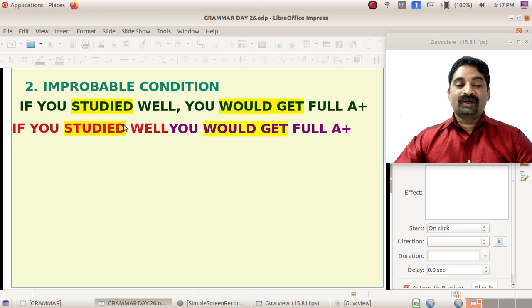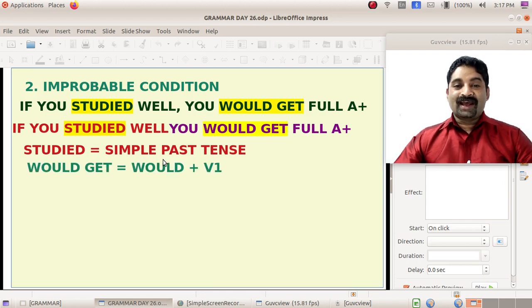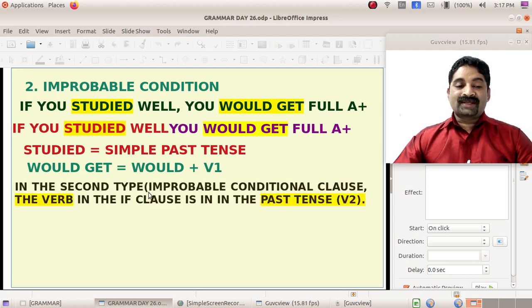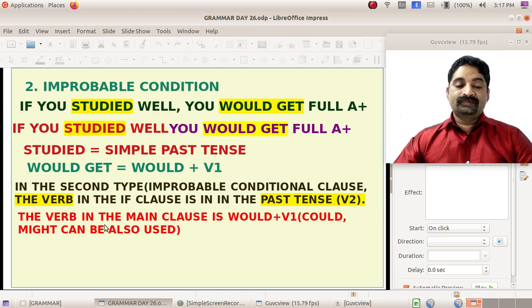Studied, you know, it is V2 form, simple past tense. And would plus V1. So what we can understand from here, in the second type of conditional clause, or the improbable conditional clause, the verb in the if clause is in the past tense and the verb in the main clause will be would plus V1. It can be could or might.